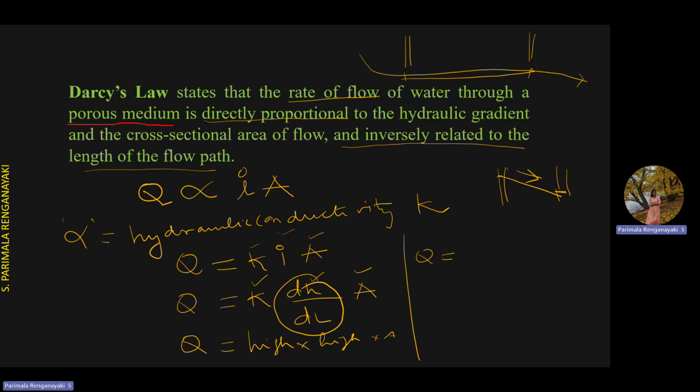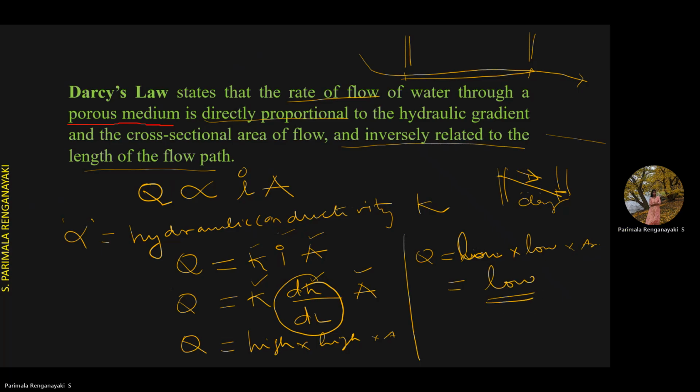Maybe if water is passing through clay, then the hydraulic conductivity will be very low, and the slope is not so deep, it is slightly steep, so dH by dL is also low. And for any area of cross section, your discharge will be low. So what is the gist?